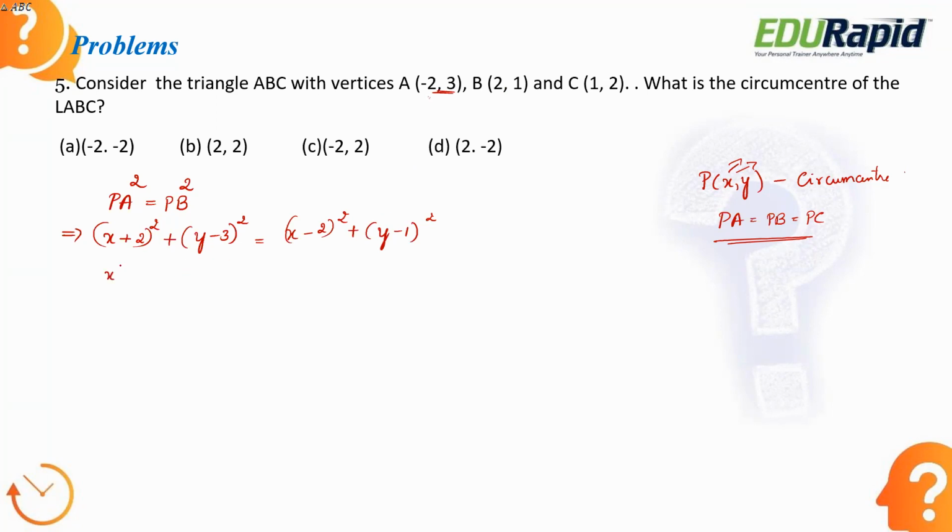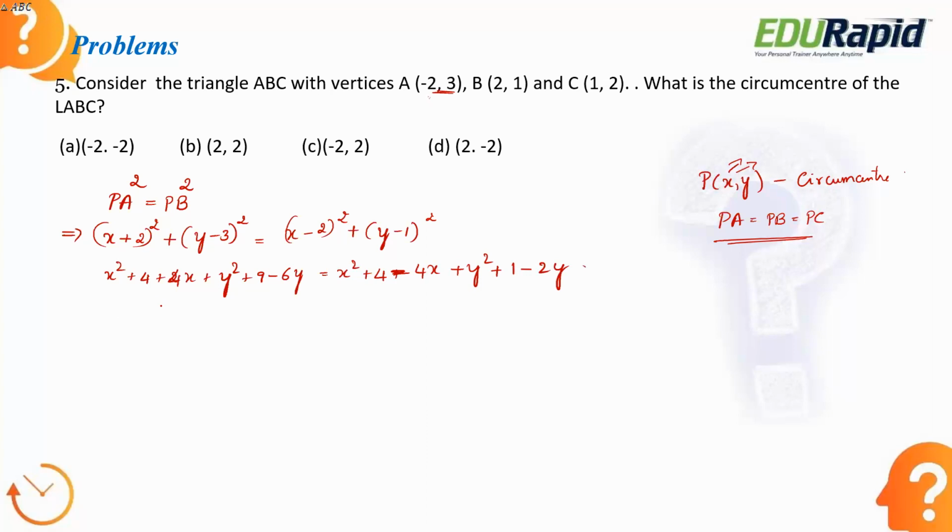Solving this, I can write x square plus 4 plus 4x plus y square plus 9 minus 6y is equal to x square plus 4, sorry, minus 4x, y square plus 1 minus 2y.